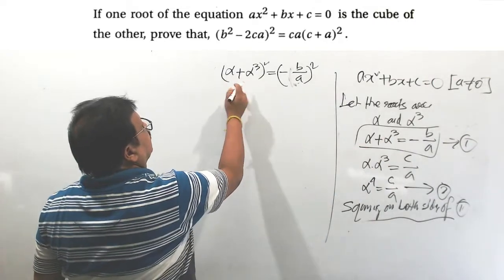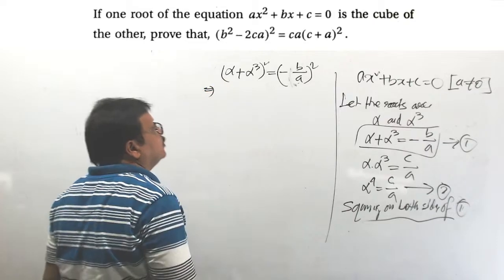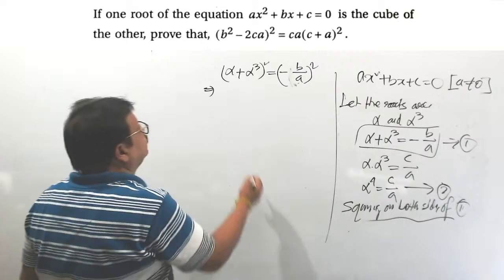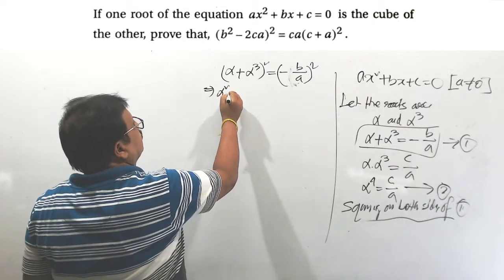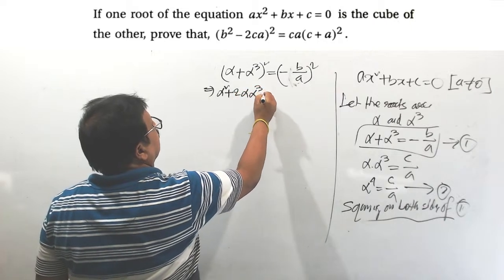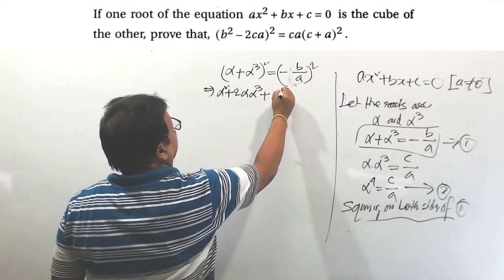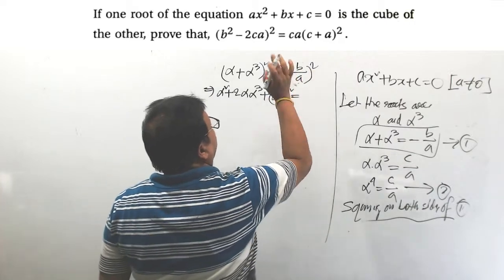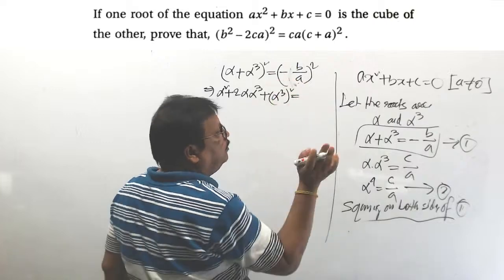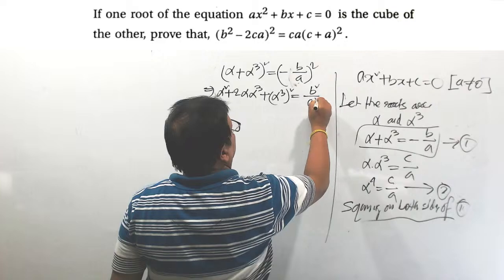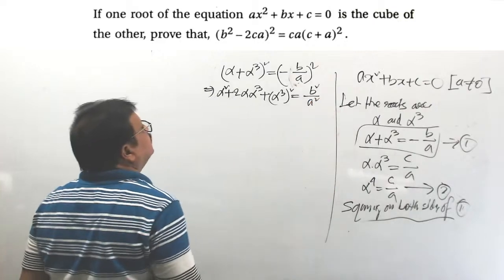A plus b whole square means a square plus twice ab plus b square. So alpha square plus twice alpha into alpha cube plus alpha cube whole square is equal to, the minus will be positive due to square, that is only b square by a square, right?